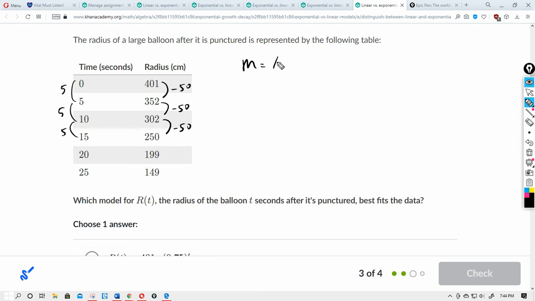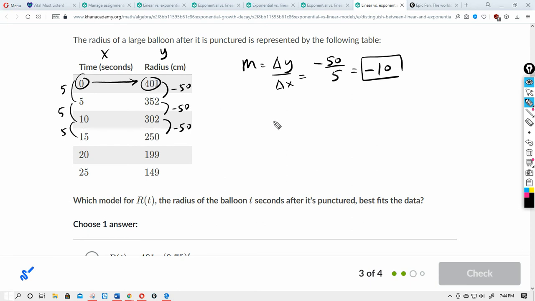Okay, the slope is the change in y over the change in x. Okay, for all of these, the column on the right is going to be y. Column on the left is going to be x. The change in y is negative 50 because it decreases by 50, and the change in x is 5. So our slope is going to be a negative 10. And our initial value at 0 is going to be 401. So that's your b.